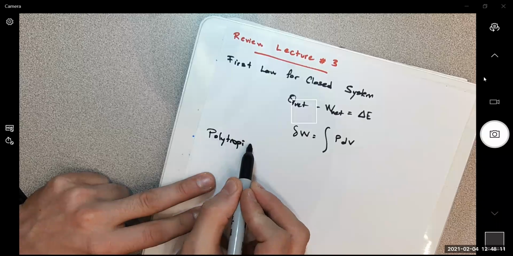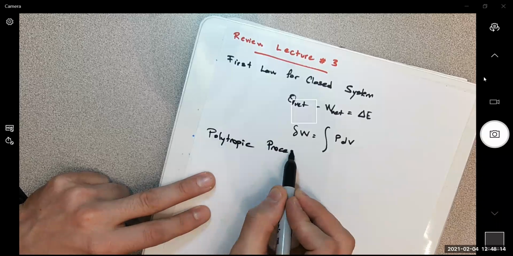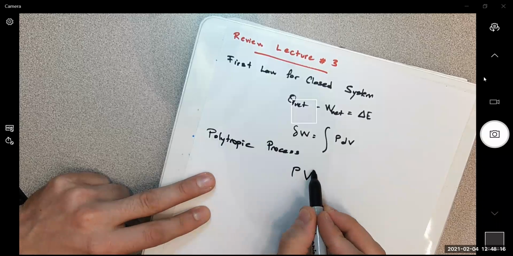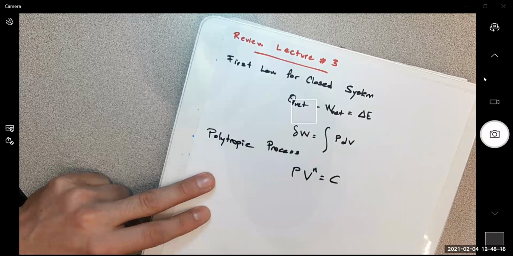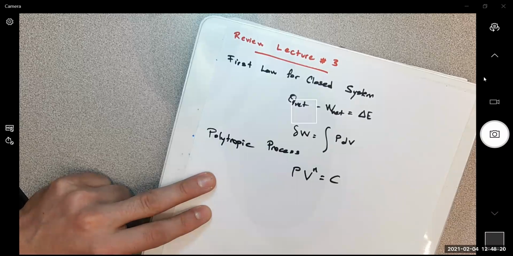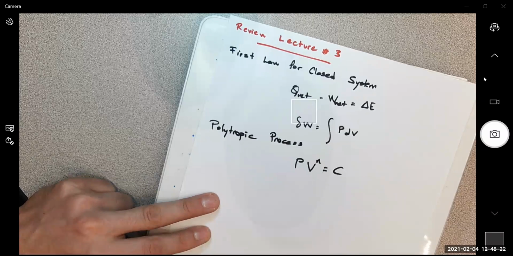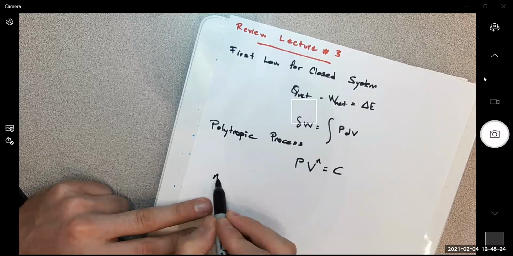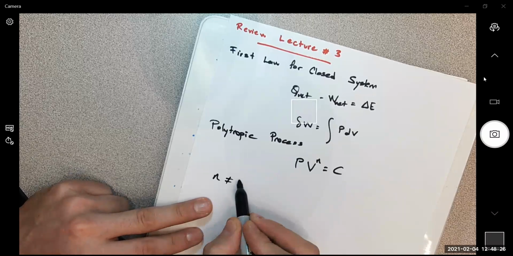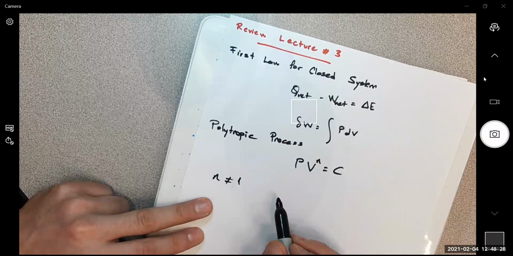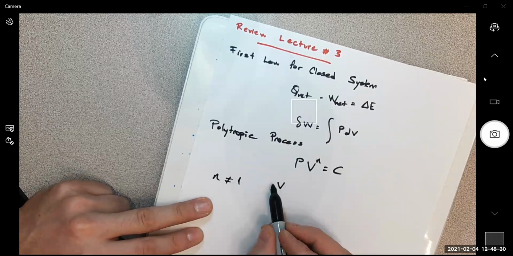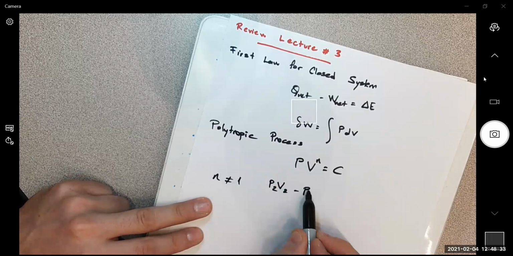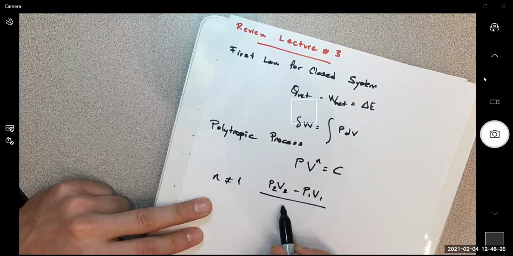polytropic process. Basically, P times V to the power of n equals constant, right? If n equals, it is a different thing, work is (P2V2 minus P1V1) over 1 minus n.